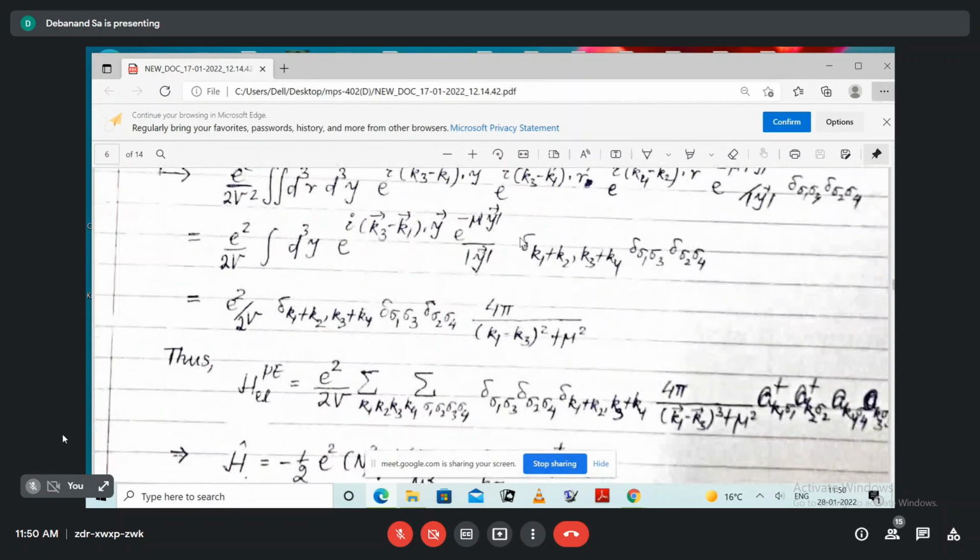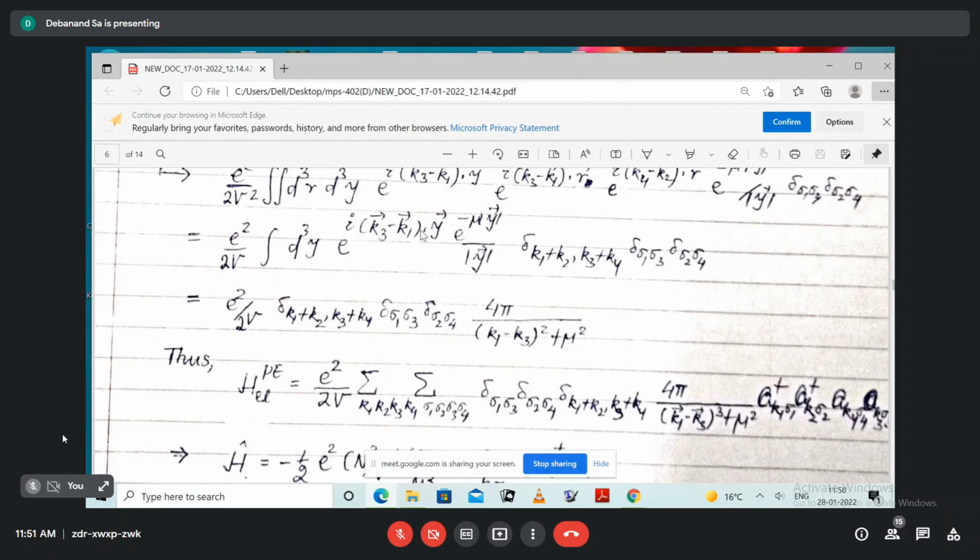It came out to be something like this, and this integral I can do because, see, here there is a dot, and if you have a dot, then if you take it away, there will be this magnitude and cos theta.